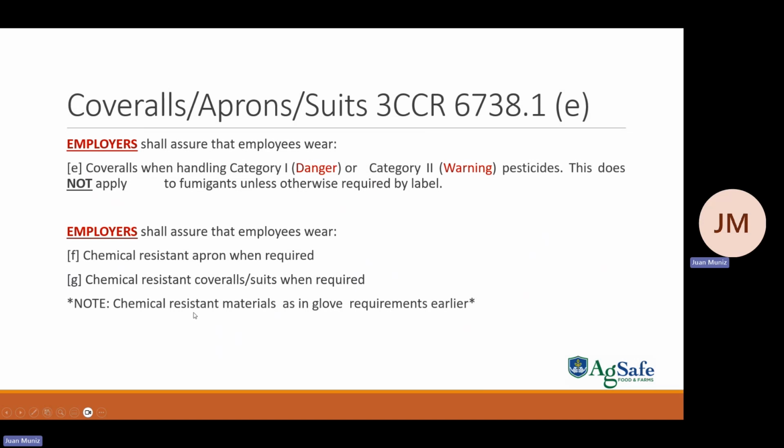And then note chemical-resistant materials as in the glove requirements earlier. So basically, if any of these other aprons or coveralls mention chemical resistant, there are going to be some requirements for them to be made of specific materials, certain thicknesses. So make sure that you look into the proper materials for your task and per the label.